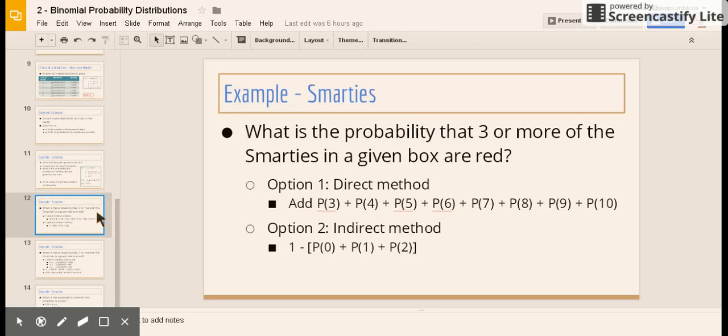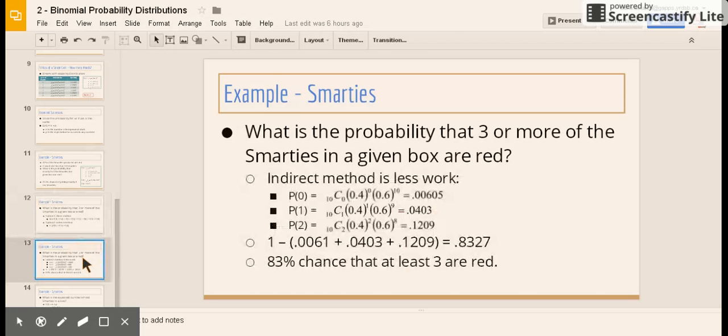Next, what is the probability that 3 or more of the Smarties in a given box are red? Well, I can either use the direct method, adding up all the different probabilities from 3 up to 10, or I can use my indirect method, taking 1 minus the probabilities of less than 3. So here we are.